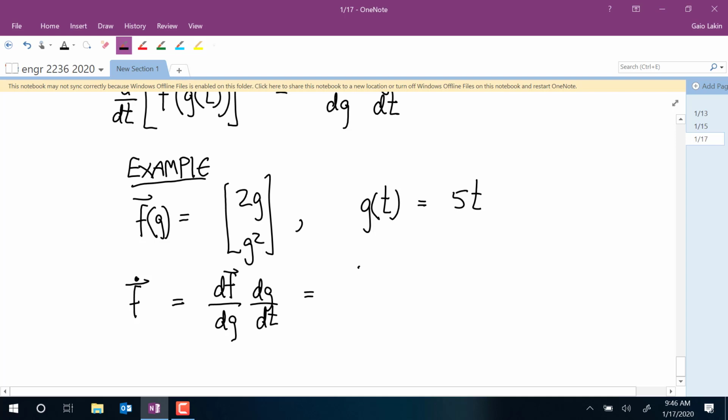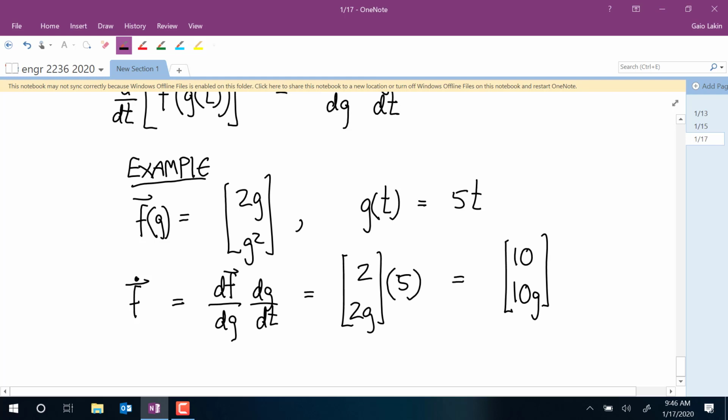That is 2g, multiplied by dg/dt, which is 5. And so what you get is 10g, and then you could substitute in the t: 10 and then 50t.